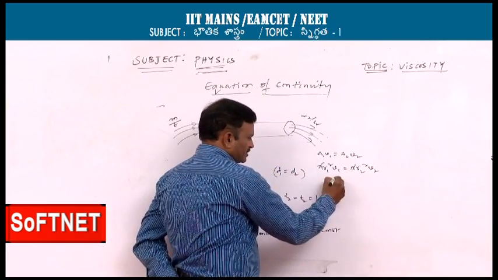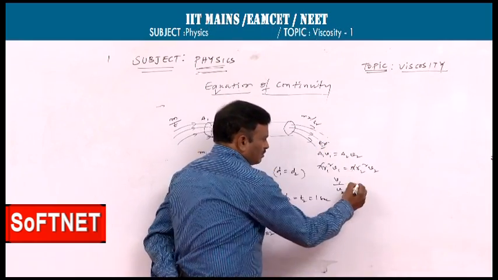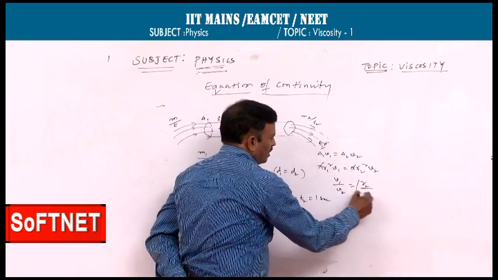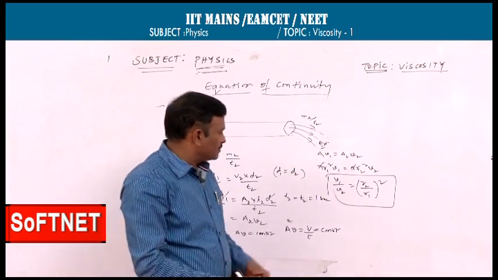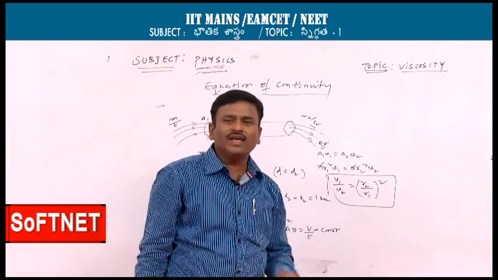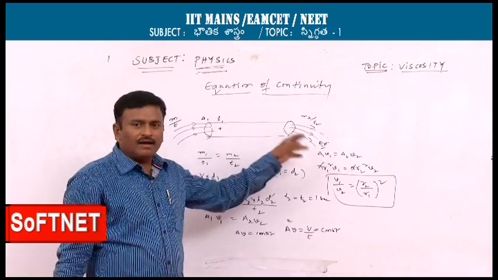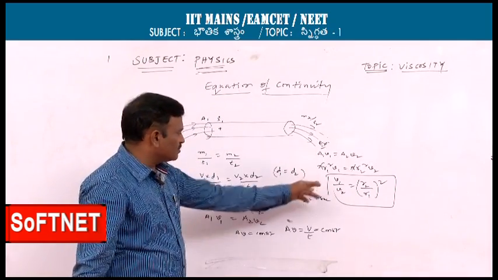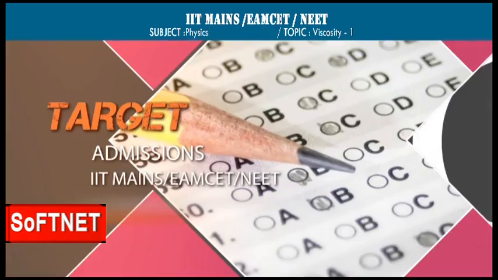Pi gets cancelled, so V1 by V2 is equal to R2 by R1 whole square. The square of the inverse ratio of the radii is equal to the ratio of the velocities of the fluid at both ends. Sometimes we have to use this expression for numericals.